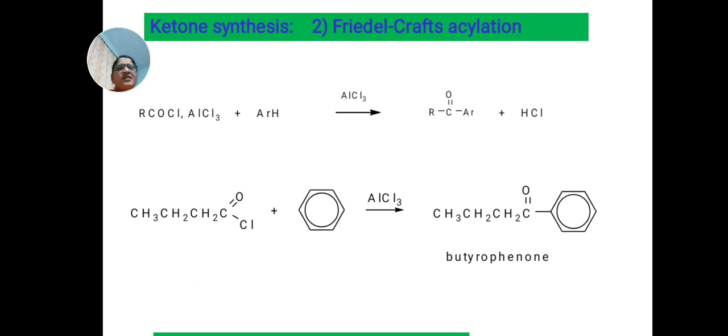For example, suppose CH3CH2CH2C=OCl, which contains 4 carbon atoms, hence the name of this compound is butanoyl chloride. If this reacts with the benzene nucleus in presence of AlCl3, it gives butyrophenone.